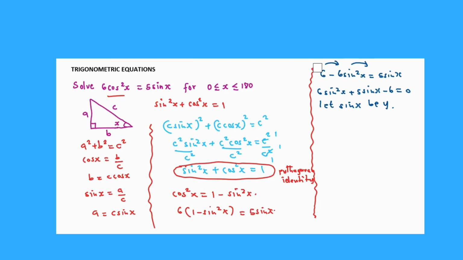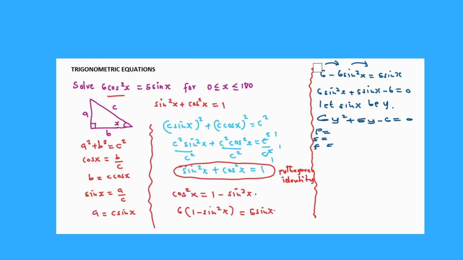That is why this will be 6y squared plus 5y minus 6 is equals to 0. And then we can solve this using PSF. PSF is product, sum and factors.